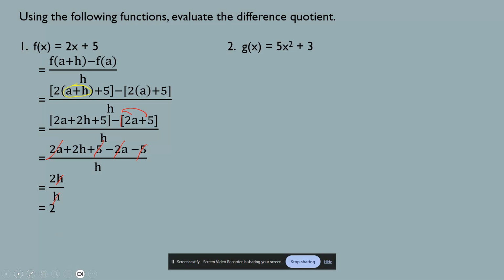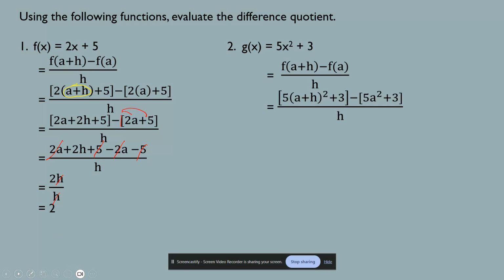All right, let's look at question number 2 here. So the equation is telling you g of x is 5x squared plus 3. So, once again, I'm going to use my difference quotient. So according to the difference quotient, I'm going to first replace my x with a plus h, squared.